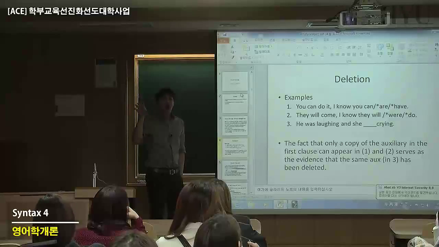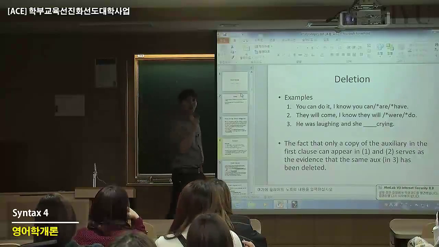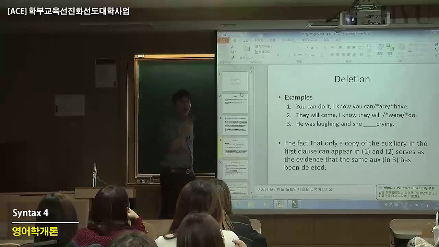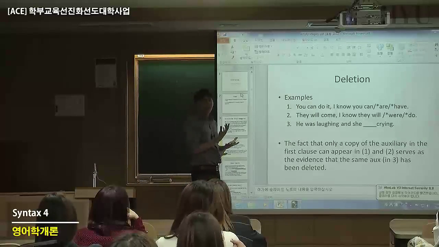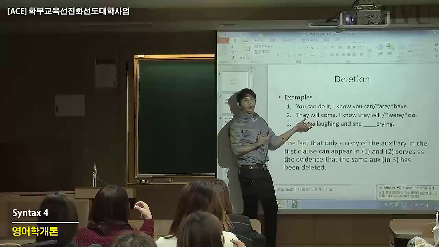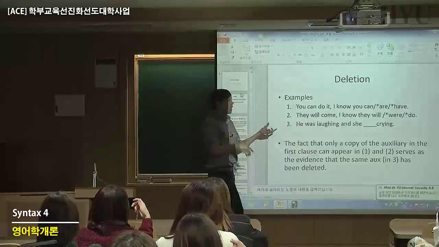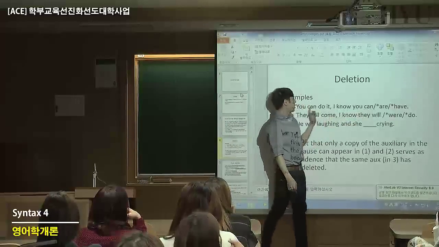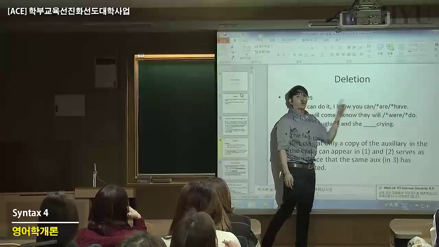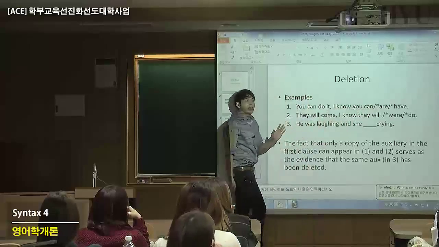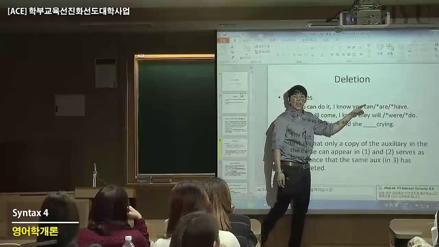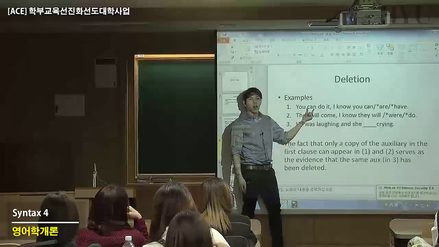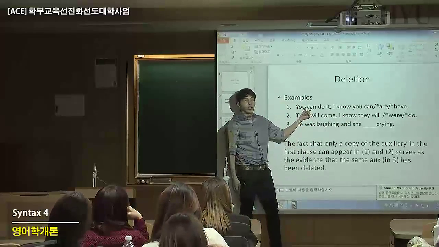So do it is gone, is deleted. But it's supposed to be there, right? So this is one idea of emptiness, right? Because it can be there, but it's deleted somehow, right? Notice that you cannot say, you can do it, I know you are, or I know you have. You cannot say that. You can only say can. Can is a copy of that modal here from the first clause.